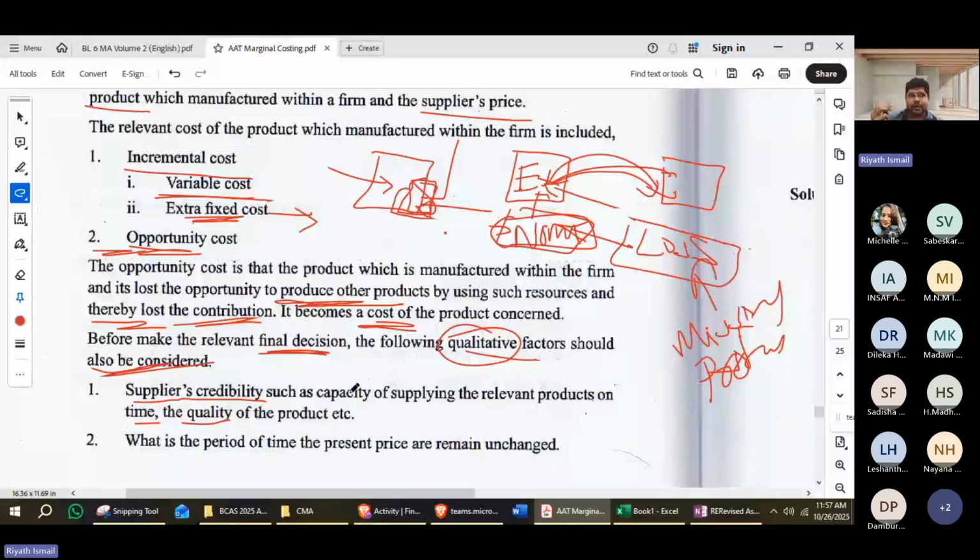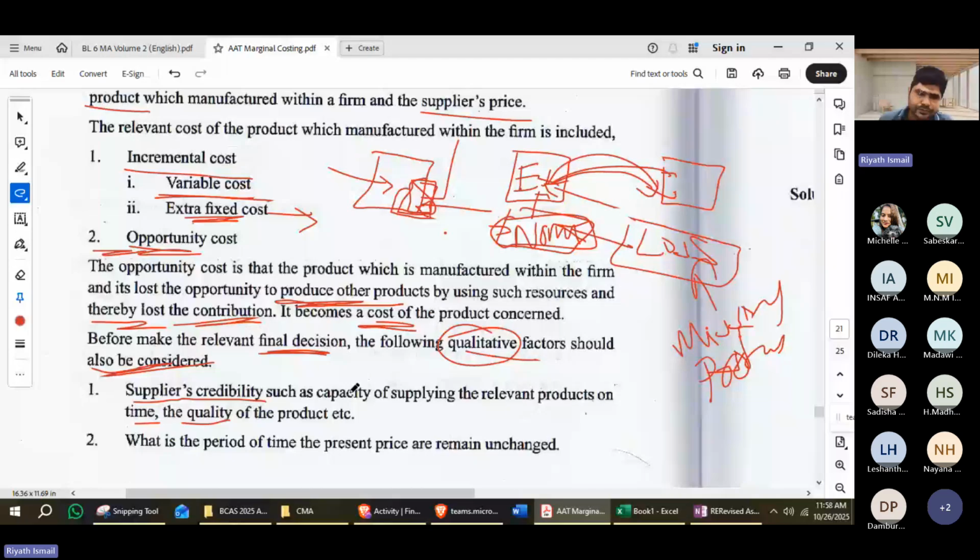Now, the Toyota company may decide whether we are going to produce the tire internally within their facility or buy from another external supplier. So this is a decision. When they make this kind of decision, first they have to look at the supplier's credibility, whether the supplier is reliable and able to supply the product on time with the right quality.